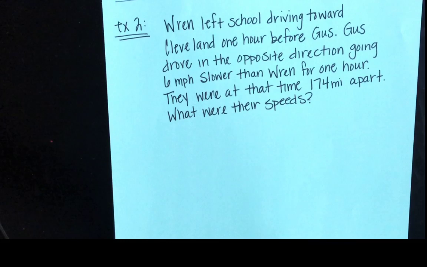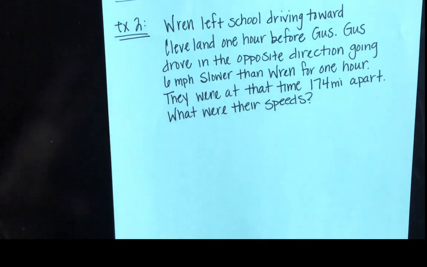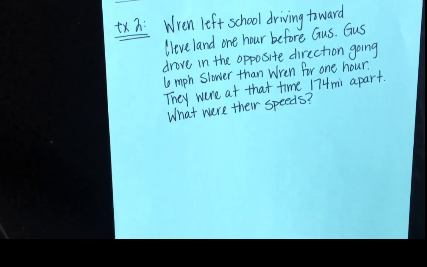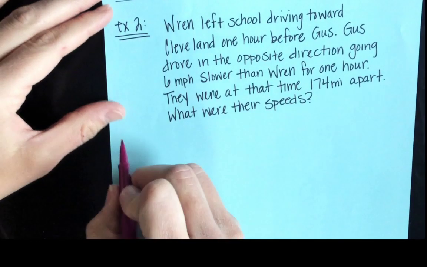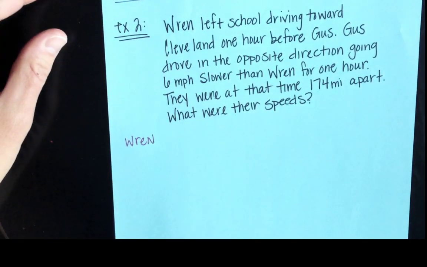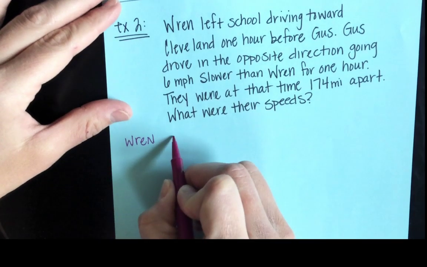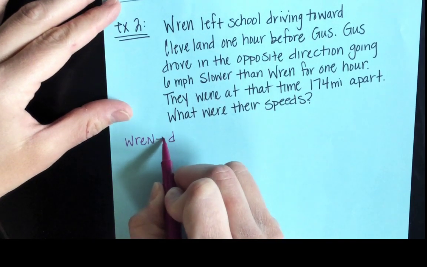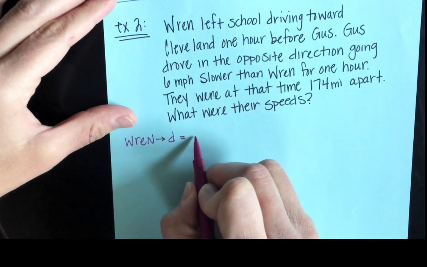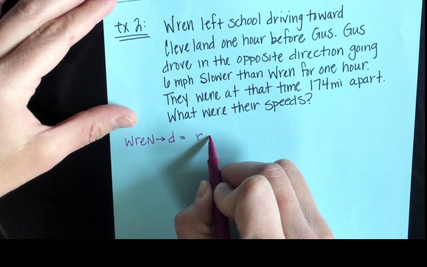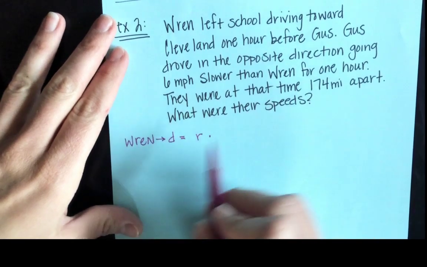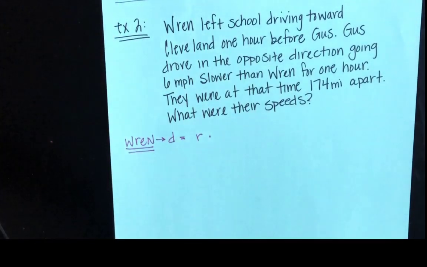What we do know is that their distance is affected by rate times time. So if we're looking at what Ren is doing, Ren's distance is her rate times time. So we need to figure out what's the time frame that Ren's been driving.